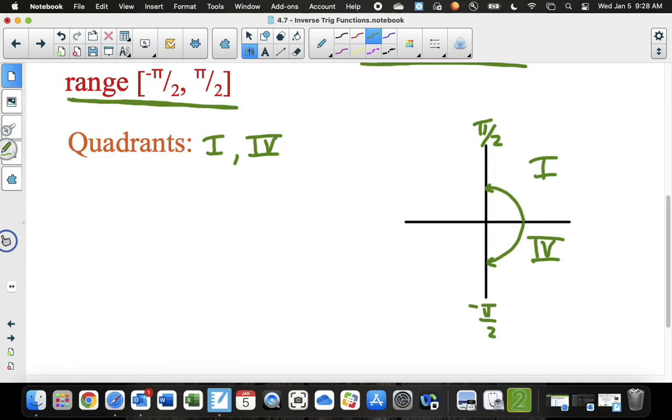And a quick heads up as well in terms of quadrant 4. We're not going all the way around in the positive direction and ending in quadrant 4. We're going in the negative direction. So I can't have like 7π/4 or something like that. It's got to be the negative version going the opposite way based on the way that the range is restricted. Okay? You're either going a little bit in the positive or a little bit to the negative.